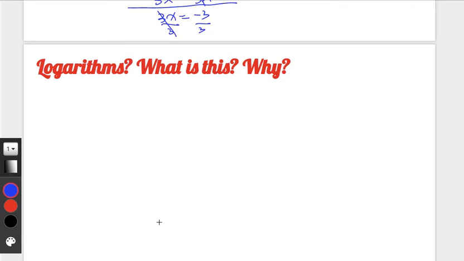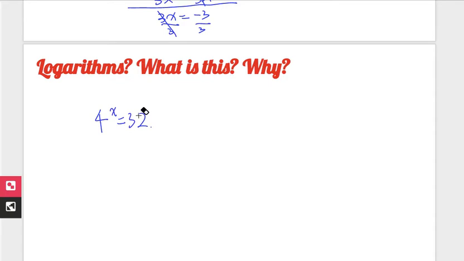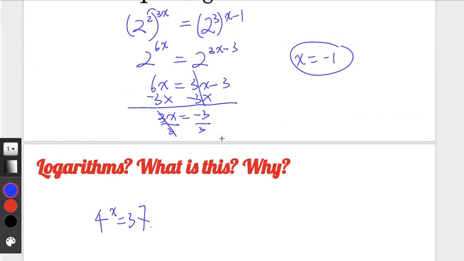For example, 4 to the x equals 32. Or you know what? Let's change to another case here. Not really 32. I'm going to change to a little bit weird number so it's easy to have that conversation. 37. So when we see that, we can say, hey, I need to change them to the same base.